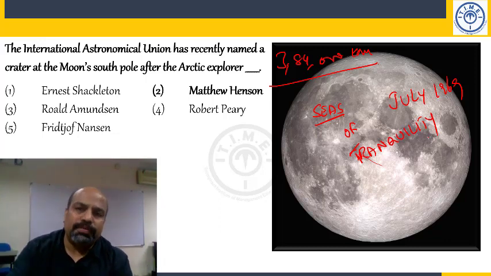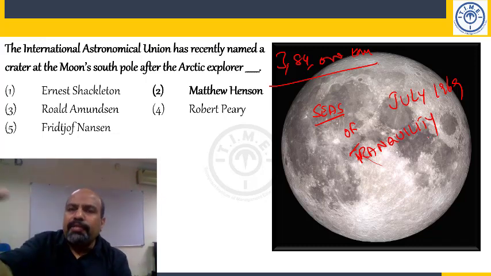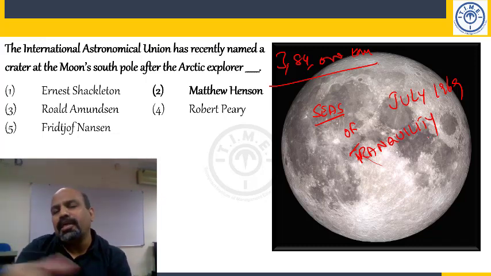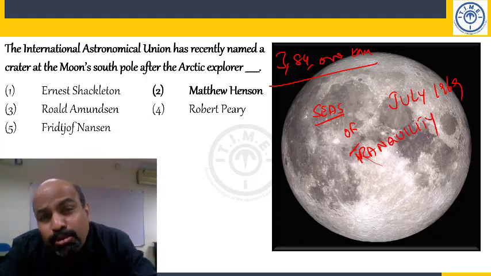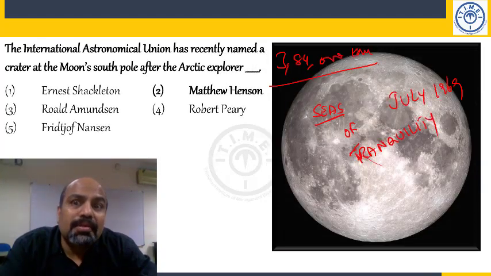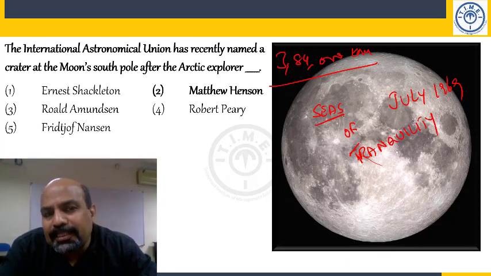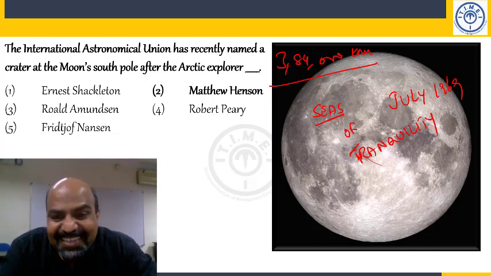Tranquility means Shanti. Shanti Sagar. So we went there with the message of peace. That's the idea. I don't know if there was someone to welcome them, at least chupa chupi. But then that would have been scary, isn't it? So guys, that's a little about this. Fascinating, isn't it?